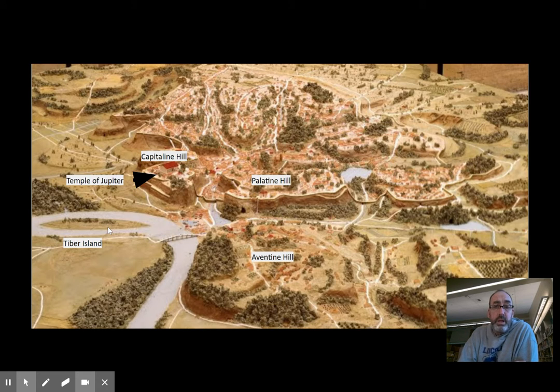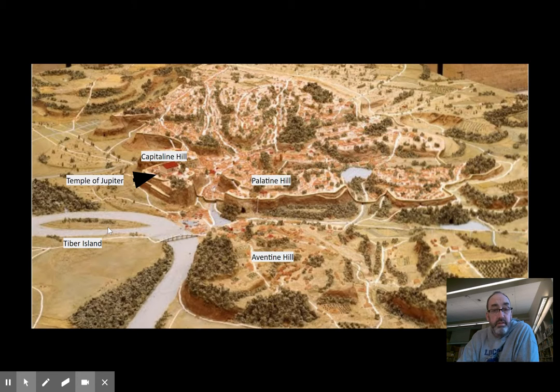Now, this is a model that somebody had built about ancient Rome. There's another model that we'll be looking at later on in the slideshow, that was commissioned by Benito Mussolini. He was a dictator of Italy, Il Duce, during World War II, and he had a model built of Imperial Rome that we'll see.